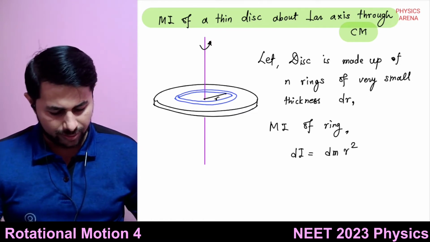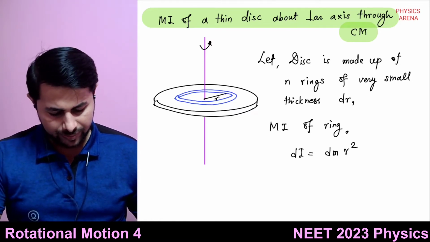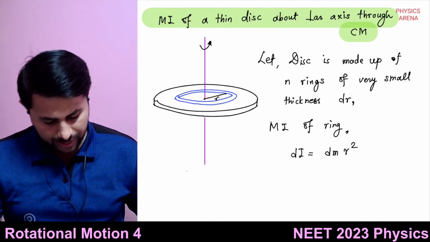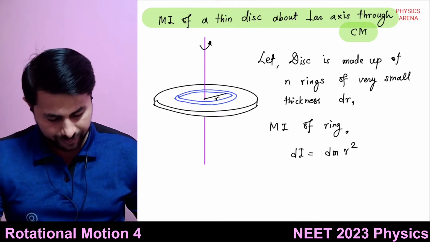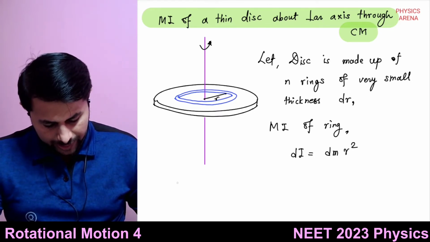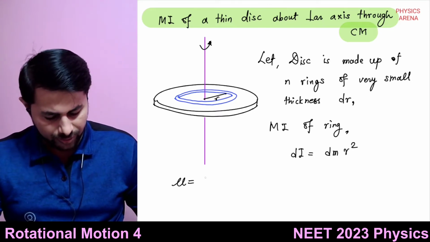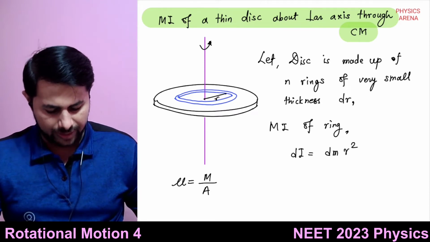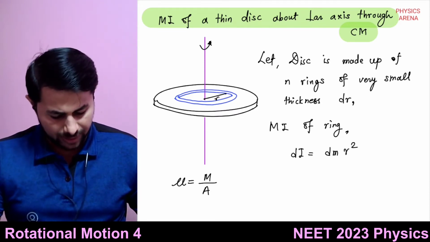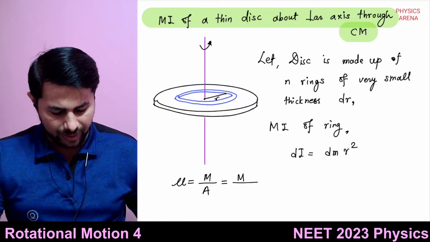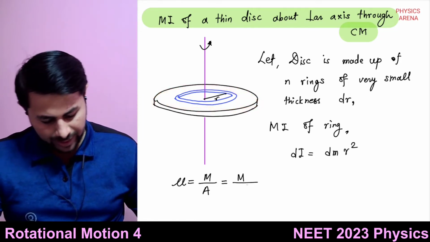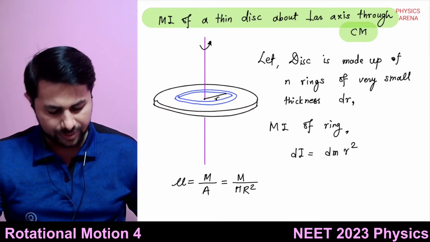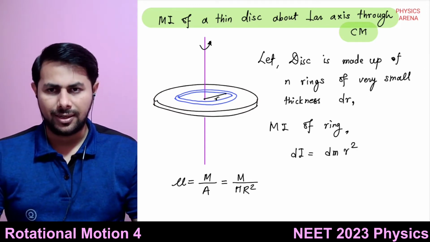Okay, so we define mu equals mass per unit area of the disk. That is, it is M divided by how much is the area. This is a circular disk, so its area is pi R square, right?